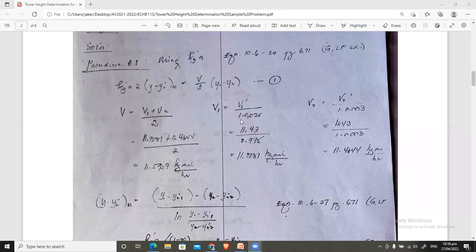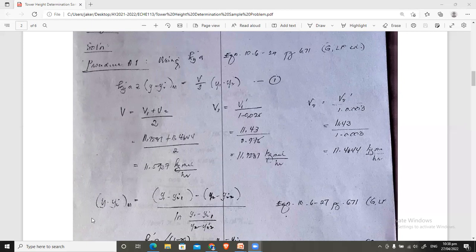Then G1 should be multiplied by 1 minus Y1, and G2 should be multiplied by 1 minus Y2 to give G sub 1 prime and G sub 2 prime respectively. So solving your equation based on G sub 1 and G sub 2, you'll be able to get the average.